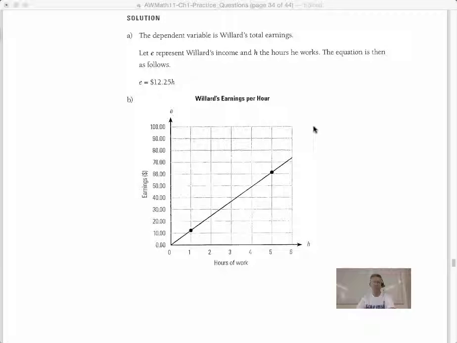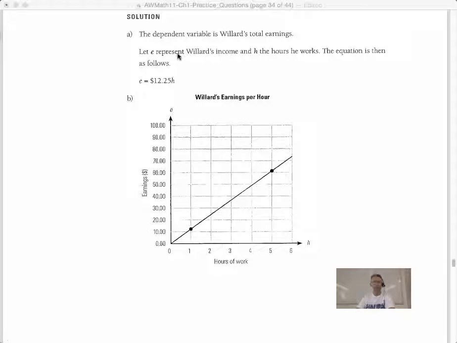First question was, what's the dependent variable? Well, if you think about he's earning so much per hour, his wage, his dollar value will depend on the time worked. So the dependent variable is his earnings. Let E represent his income, H the hours he worked.